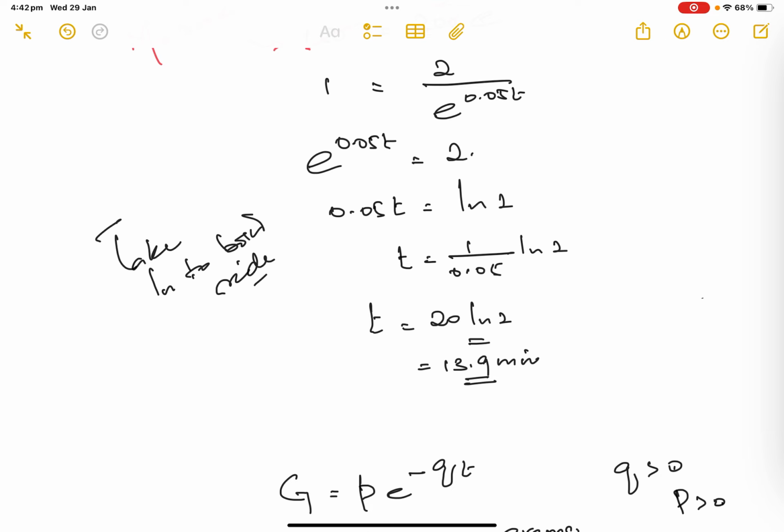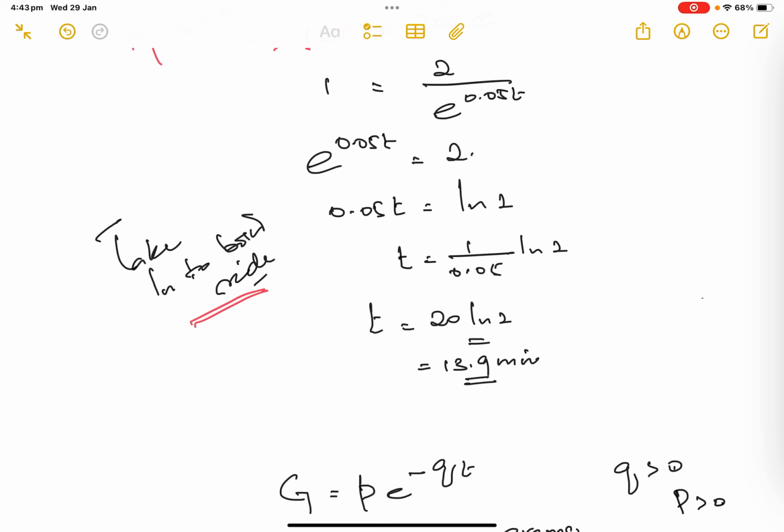Then if you take log of both sides, log base e of e to the power is 1, therefore 0.05t, and this side is log 2.